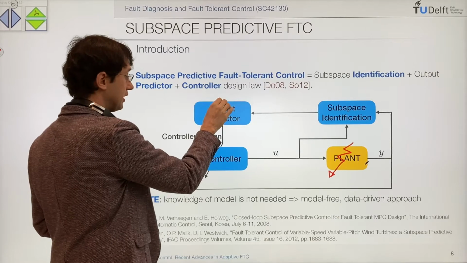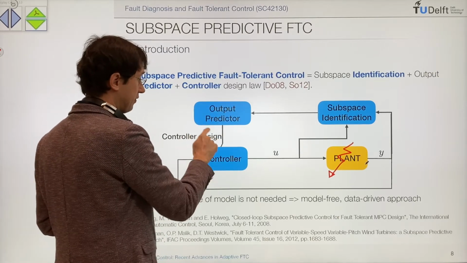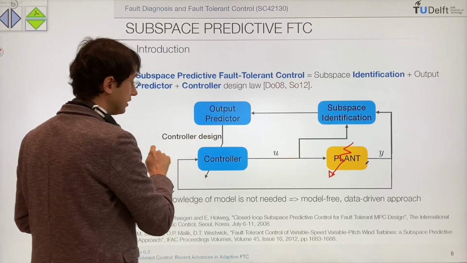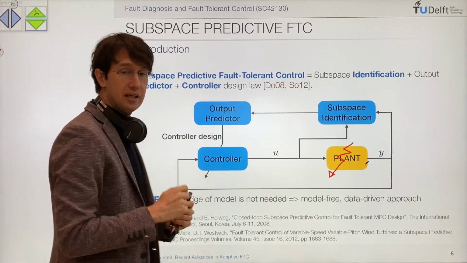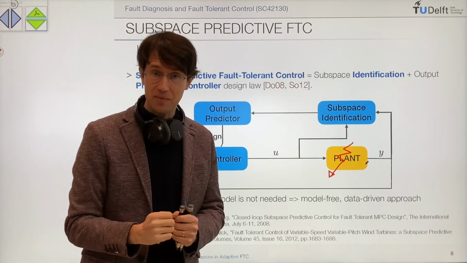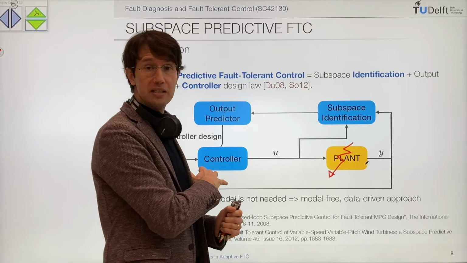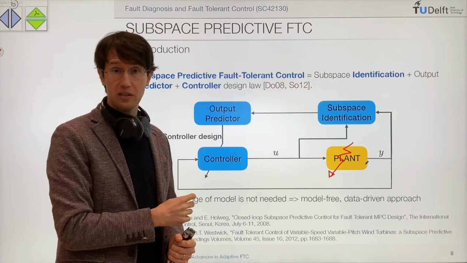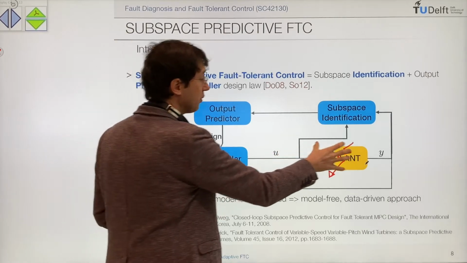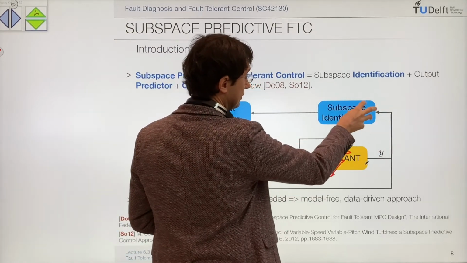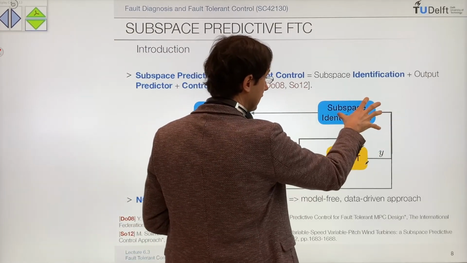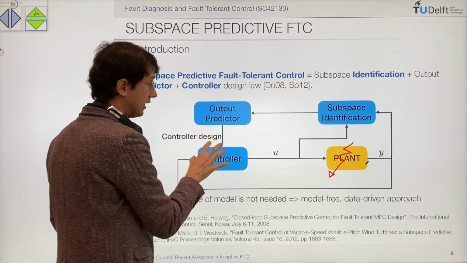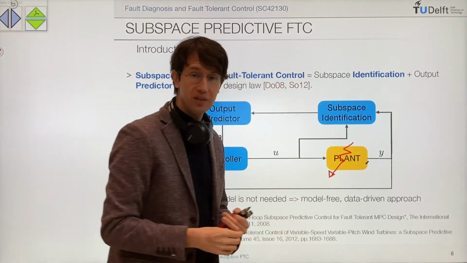This is producing a prediction of the behavior of the plant in the future that is used to design the controller. Then, next time step, everything is repeated. And this is why this is fault tolerant, because as soon as you sample some data from the faulty behavior, this is updated and it is matching the faulty system.